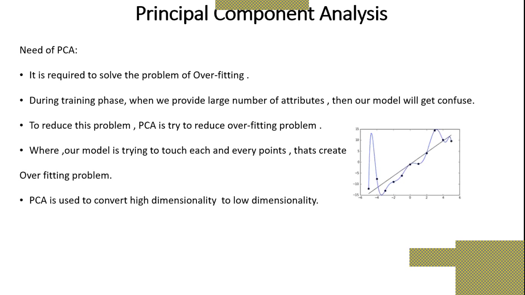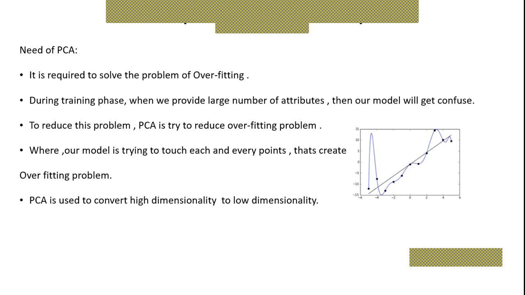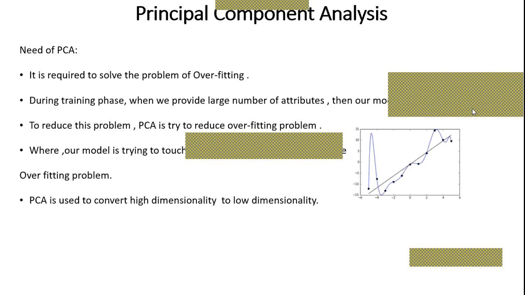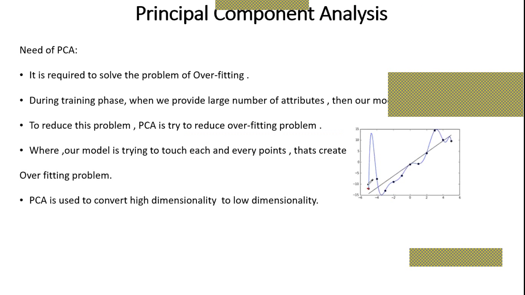Now let us consider there are different data points. If your model is trying to touch all these points, that is nothing but overfitting. So your model is trying to connect to all the points, this point as well as this point, this point, this point.